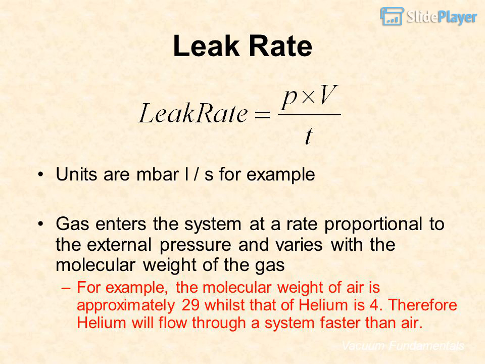Leak rate units are mbar·l/s, for example. Gas enters the system at a rate proportional to the external pressure and varies with the molecular weight of the gas. For example, the molecular weight of air is approximately 29 whilst that of helium is 4. Therefore helium will flow through a system faster than air.